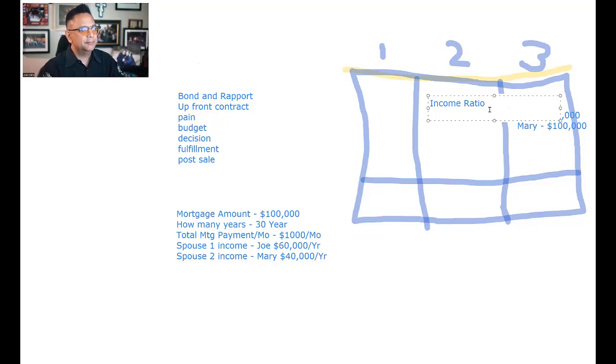So the income ratio option, I take Joe's income percentage, so Joe's income percentage is 60% of the total household income, right? So I'm going to take 60%, and I'm going to cover him for 60% of the mortgage. So I'm going to show Joe at 60,000 death benefit. And then Mary, since she makes 40,000, 40% of the household income, I'm going to show her at 40,000, okay, of the mortgage.